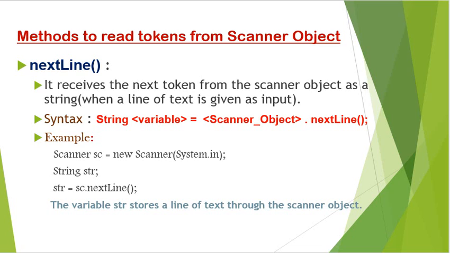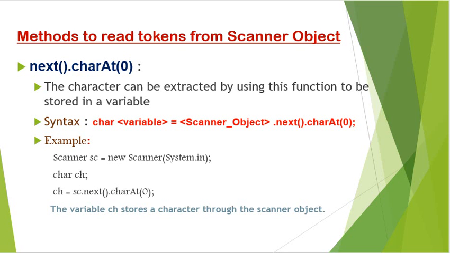Now we have dealt with the string data type. What happens if we want to input a single character, a single letter, from the user? We have another method, next().charAt(0). Now Java does not have a specific function to accept a character through the scanner class.